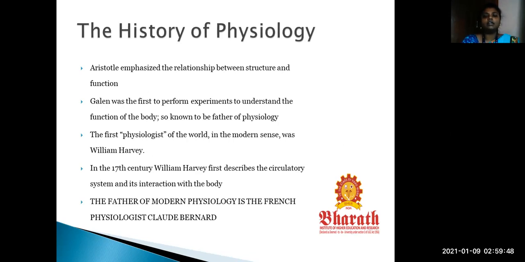Galen was known as the father of physiology, because he performed experiments to understand how the body organs function. The first physiologist of the world in the modern sense was William Harvey.